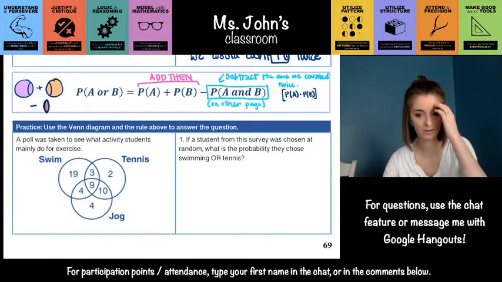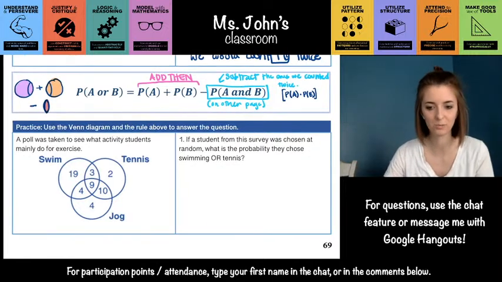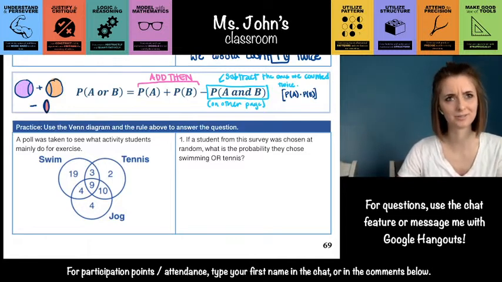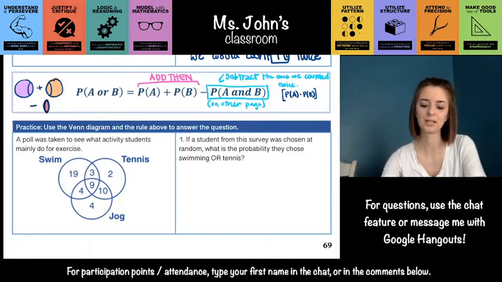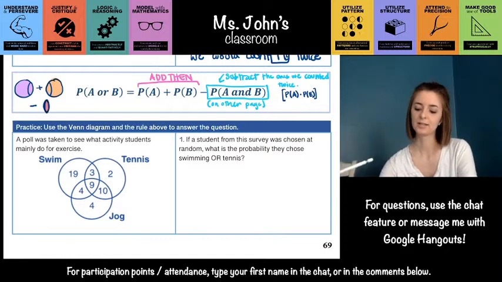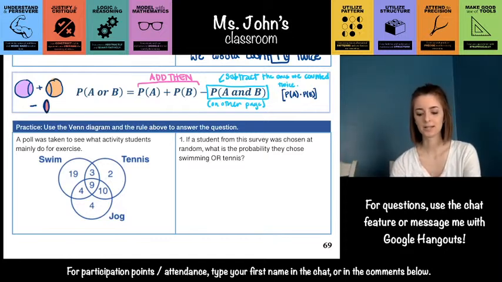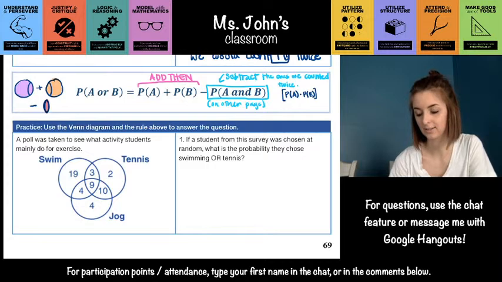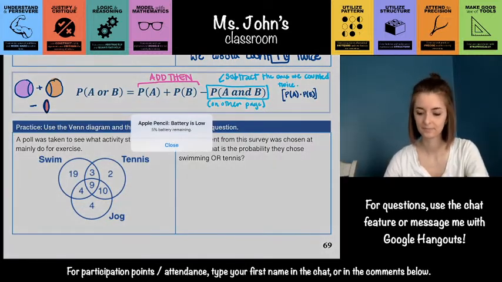So if we double count something, we don't actually need to. I don't know why we would double count something. So, oh, sorry, this poll is about students' activities for exercise. If a student from this survey was chosen at random, what is the probability they chose swimming or tennis?